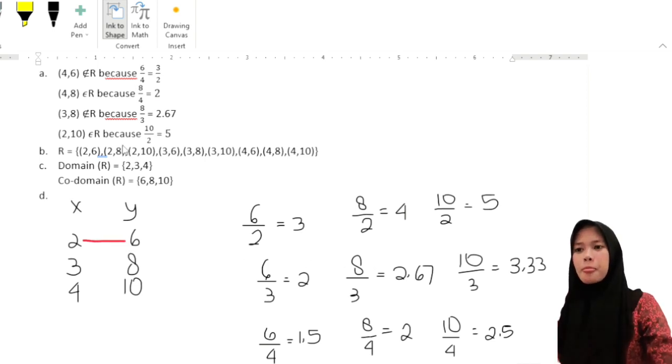Okay. Next, 2 and 8. y over x equals 8 over 2 equals 4, and 4 is an integer, so let's draw a line. Okay. 2 and 10. 10 over 2 equals 5, and 5 is an integer. So let's draw a line to 10.